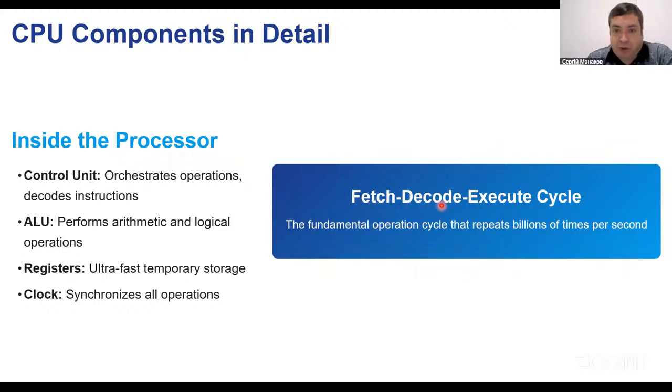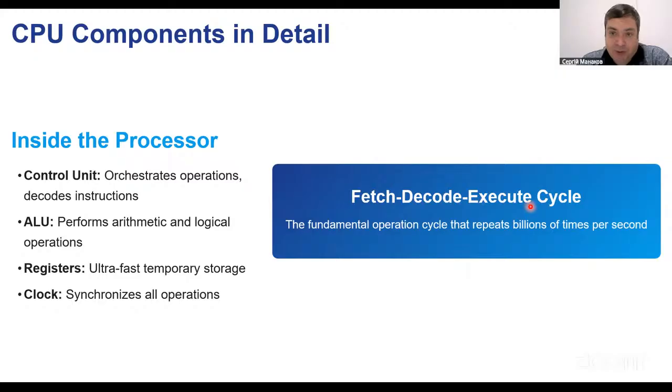Then we have to decode our instruction because it is represented in binary form. It is called a machine instruction because, as we know, the CPU understands only ones and zeros, and each instruction looks like a set of ones and zeros, and we need to decode it.